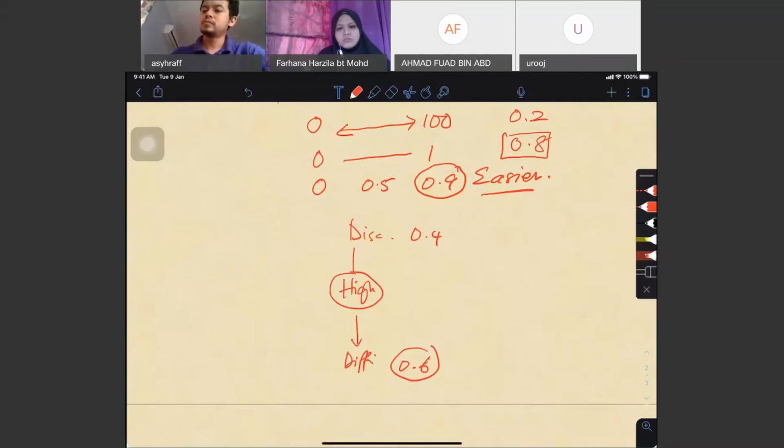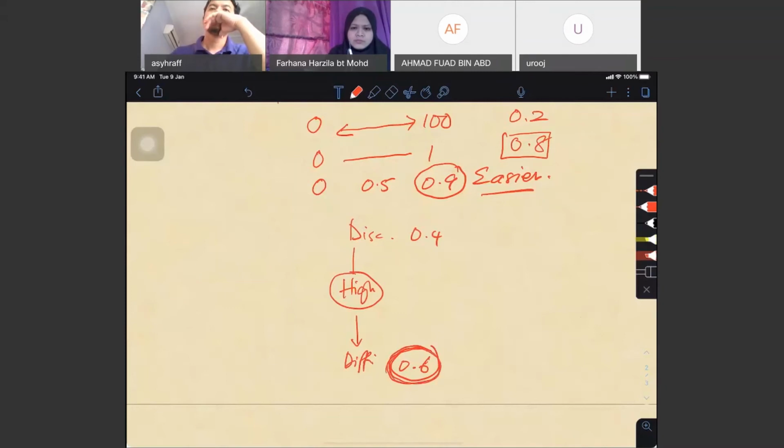So now I know that from the 60% of students who are able to answer the question, the majority of them are the good students. If the discrimination is low, 0.1, there's not much difference between the good students and the poor students, only a difference of 0.1. Okay. So difficulty is 0.6.